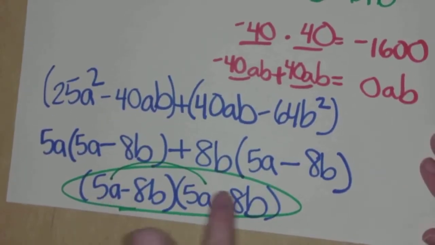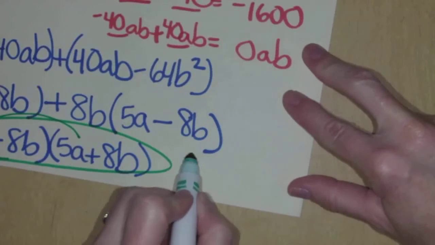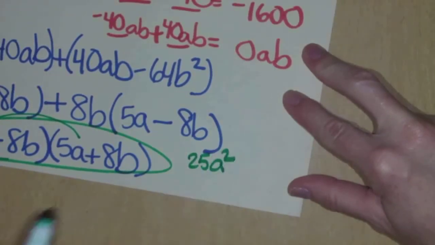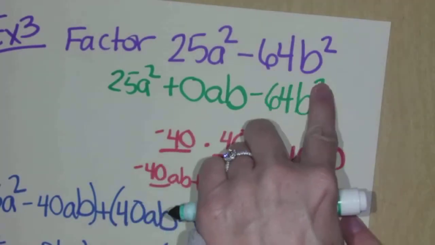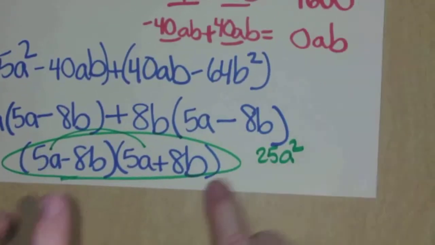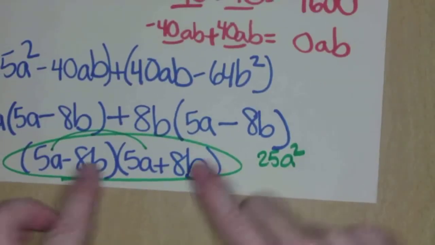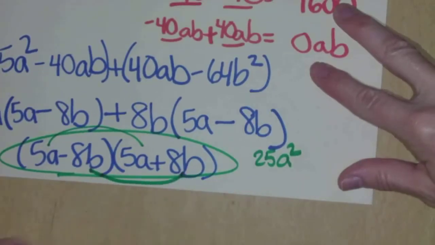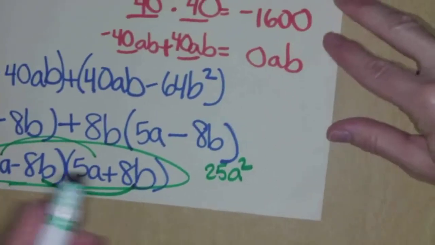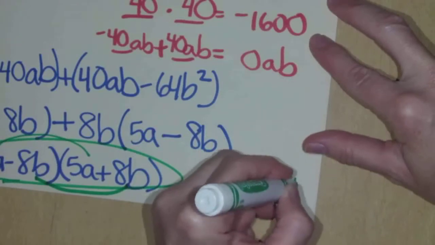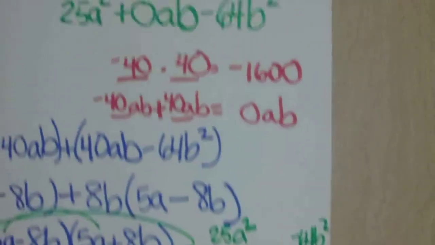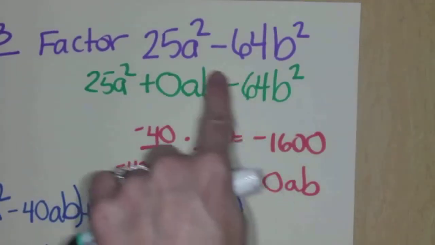So 5a times 5a is indeed 25a squared. And the only way you're going to get a negative 64b squared on the back is if both of these have a b with them. So negative 8b times positive 8b is going to end up eventually with the negative 64b squared. So there is your problem.